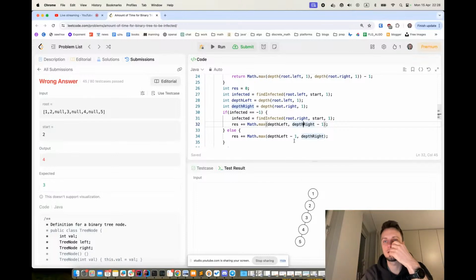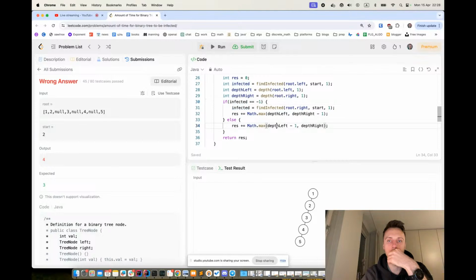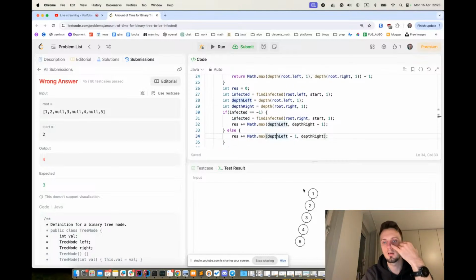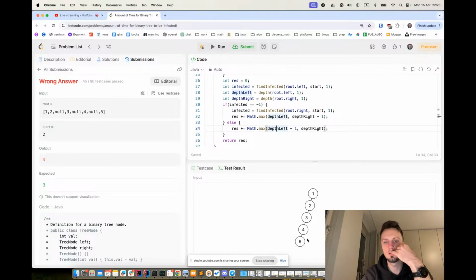Yeah, we see that it's infected on the left. So we go here, and we found 4 positions here.